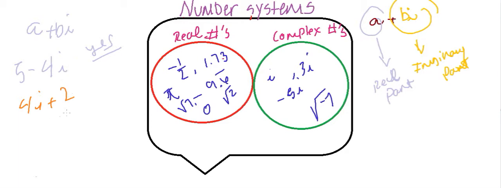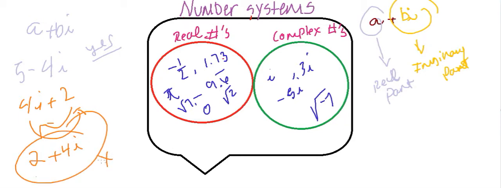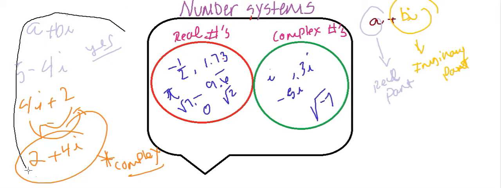Well, no, it's not. These two terms need to trade places in order to be in actual complex form, like this one here. This is in complex form, because complex form says that your real number comes first and then your imaginary number, okay?